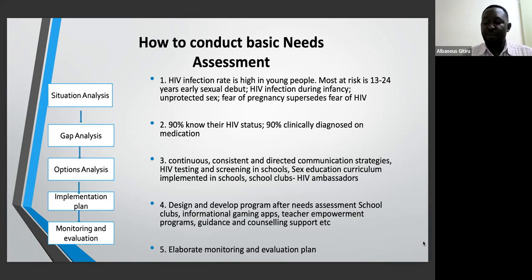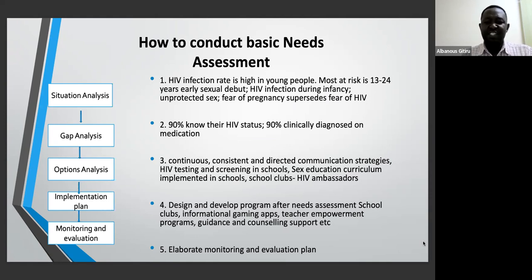Then we go to the third part, which is the options analysis. What options or interventions do I have that will help me move from where I am to where I would wish to go? For my options for this mock project, I'm looking at continuous, consistent, and directed communication strategies.